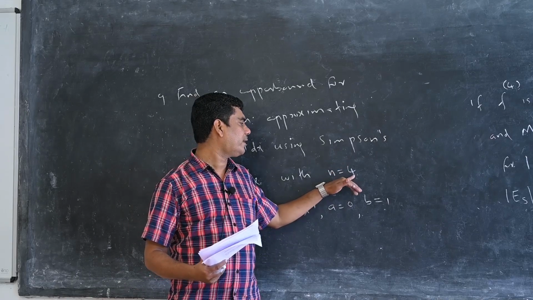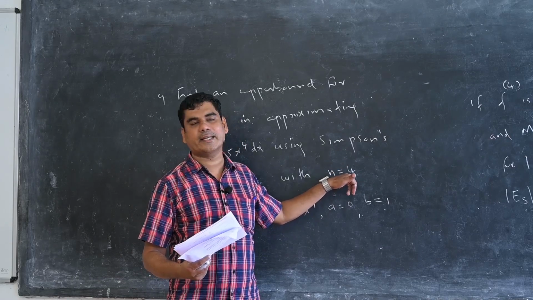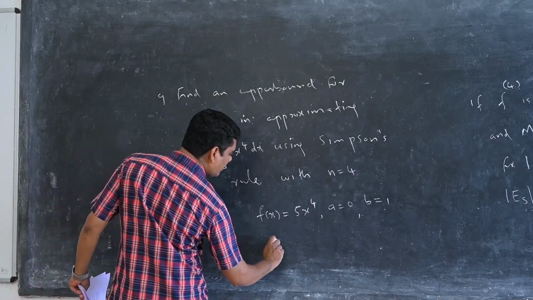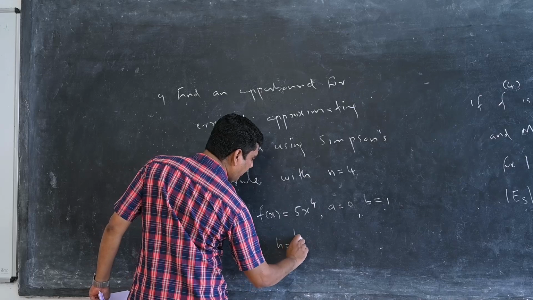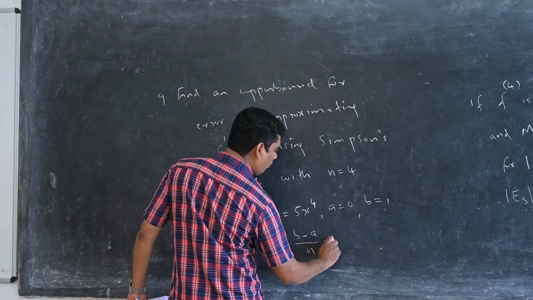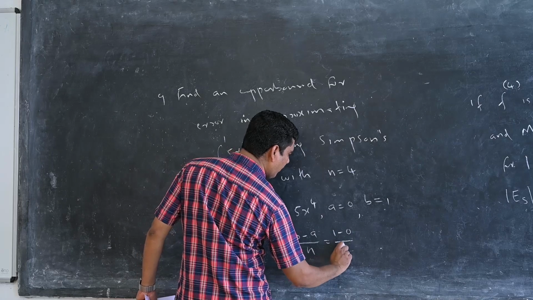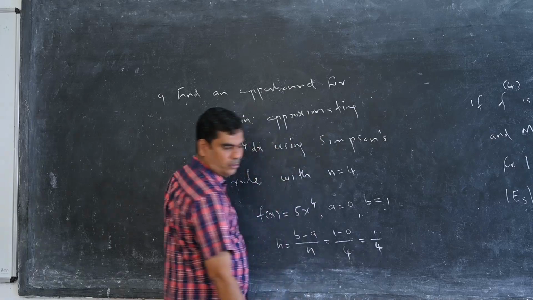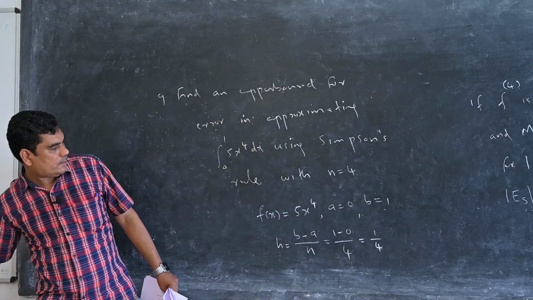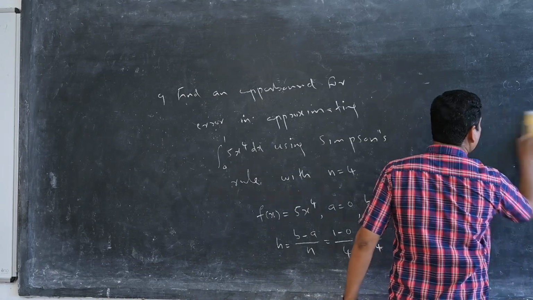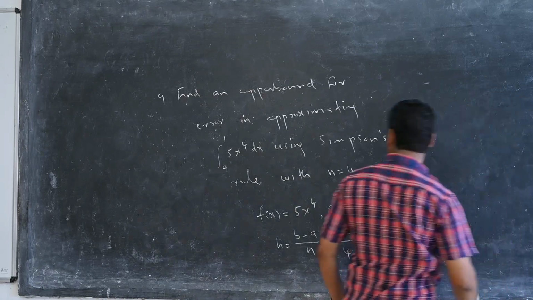So the relation between the subinterval length h and the number of steps n is h equal to (b minus a) divided by n, which is (1 minus 0) divided by 4, equal to 1 by 4. So here h is equal to 1 by 4.